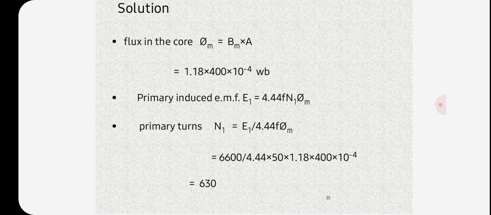Primary induced EMF E1 is equal to 4.44 f N1 phi m. So primary turns N1 is equal to E1 by 4.44 f phi m. Substituting the values, N1 is equal to 6600 by 4.44 into 50 into 1.18 into 400 into 10 to the power of minus 4.